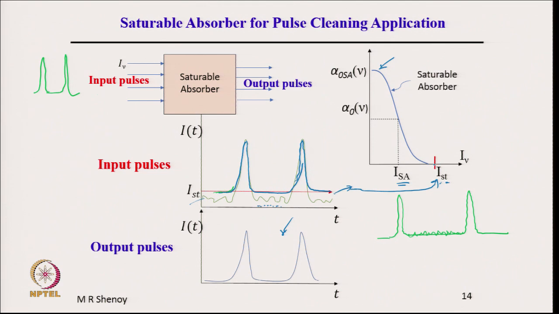And you can see beyond this threshold the absorption coefficient is literally 0, which means all the intensity of the pulse which is above this threshold value completely passes through, because absorption coefficient is 0. Below that the absorption coefficient is high and therefore, it gets attenuated and therefore, the output would look like this.